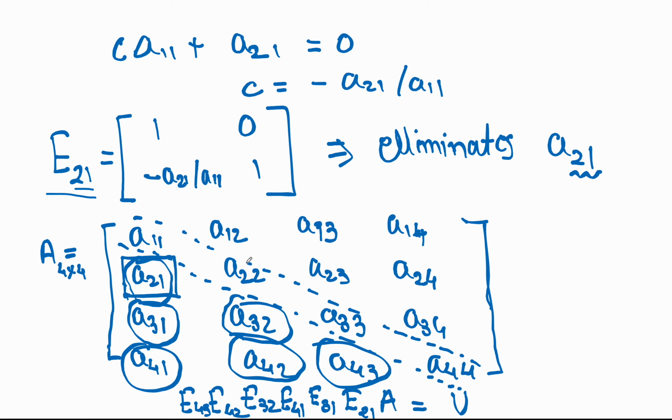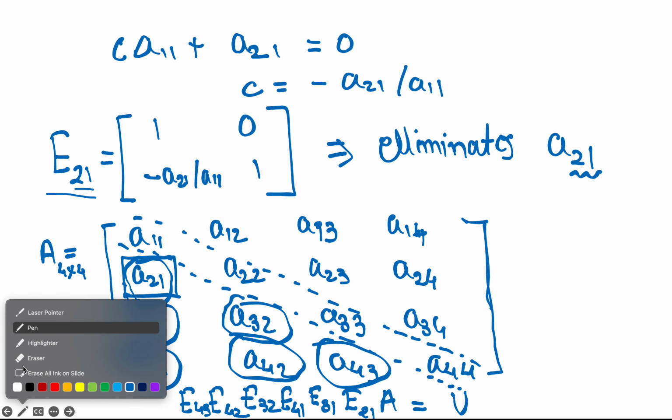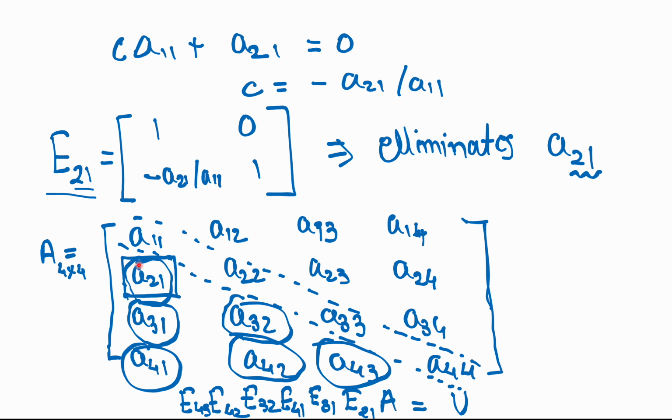In order to convert it into the upper triangular matrix, we first eliminate this element, then this element, and this element. So eliminating a21 will be done using E21, then the next operation will be performed by E31, then E41, and so on.